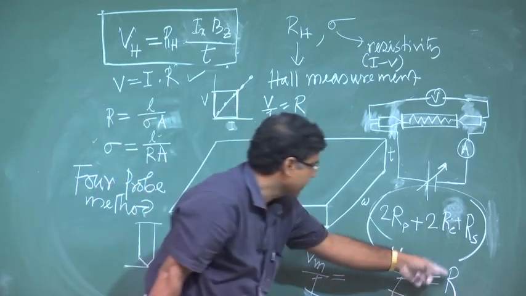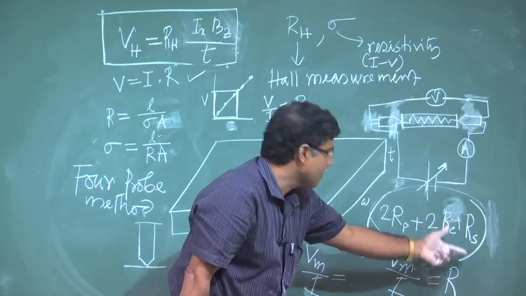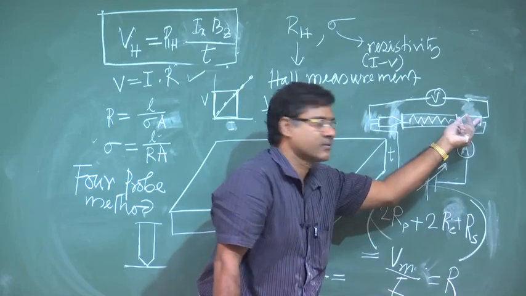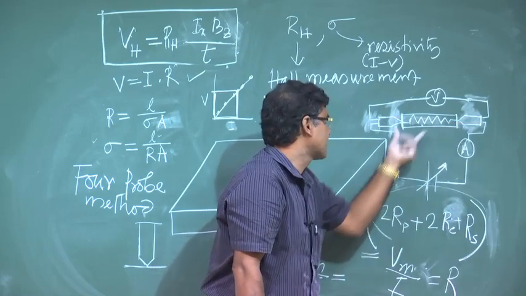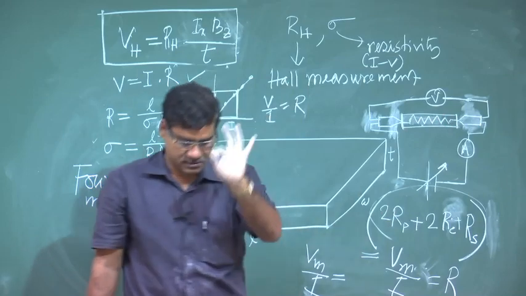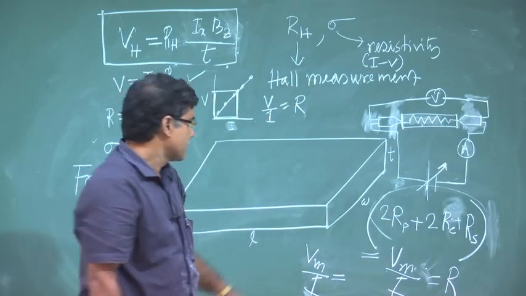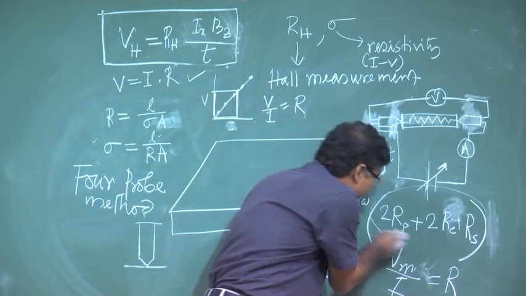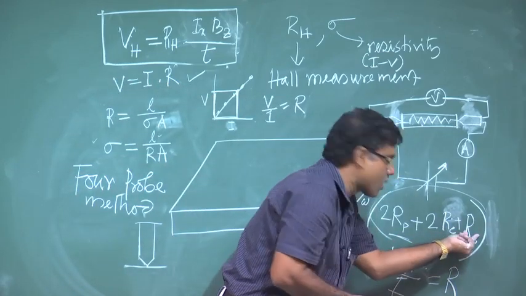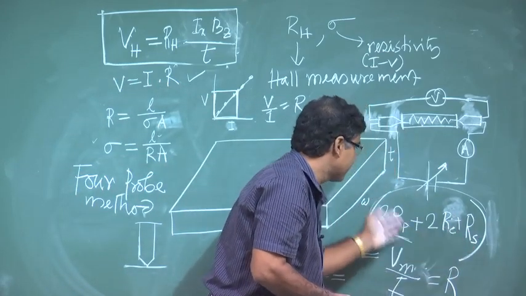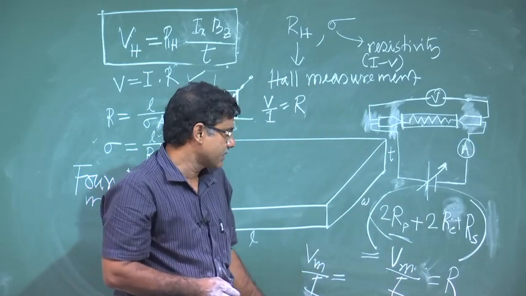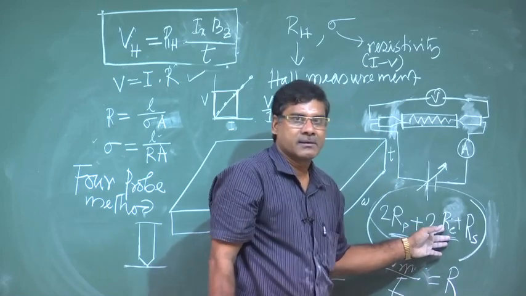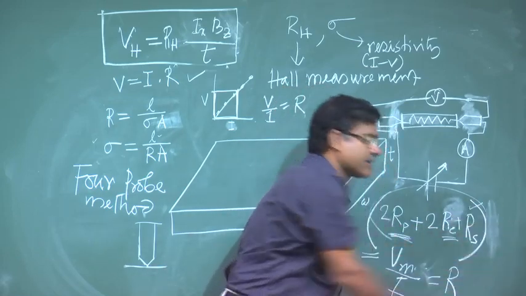So, there is a lot of error in that. It is not your sample resistance, it includes the resistance of your probe and of your contact, okay. That is why the error is more. We have to avoid this for small resistance, as it will give high error, right. So, I have to avoid these two, and try to measure this RS.